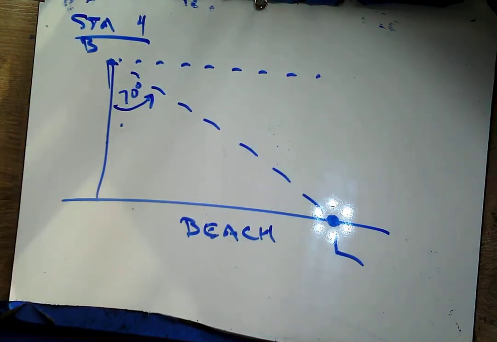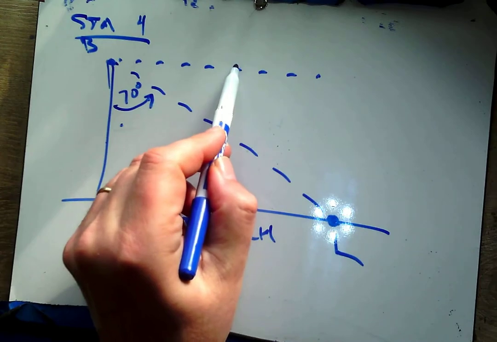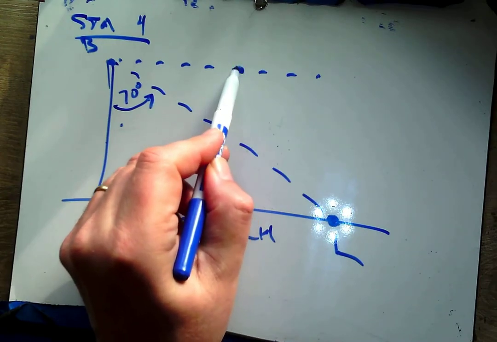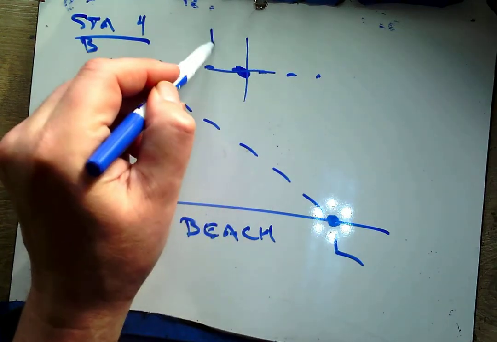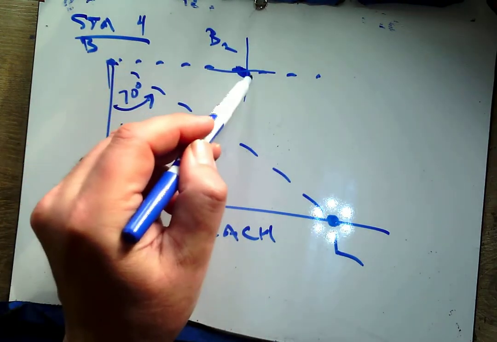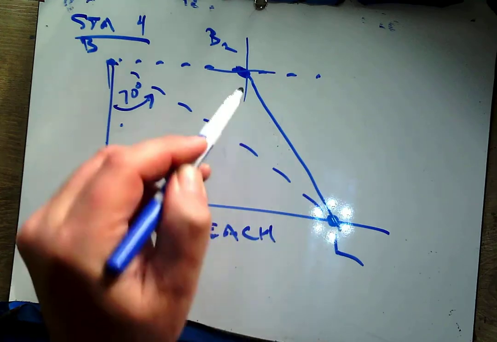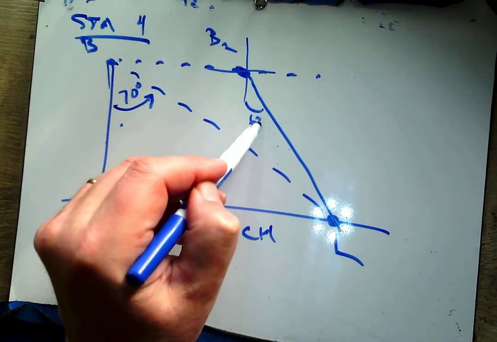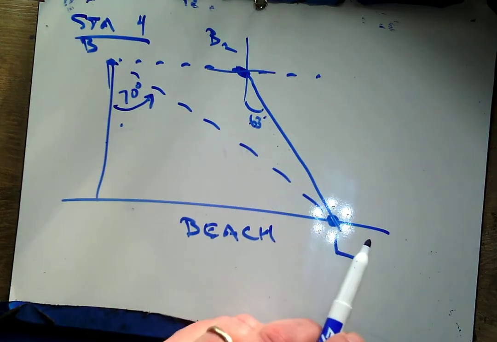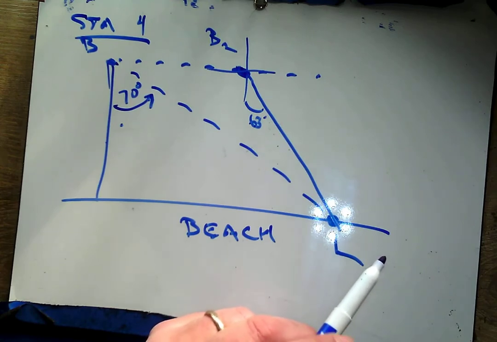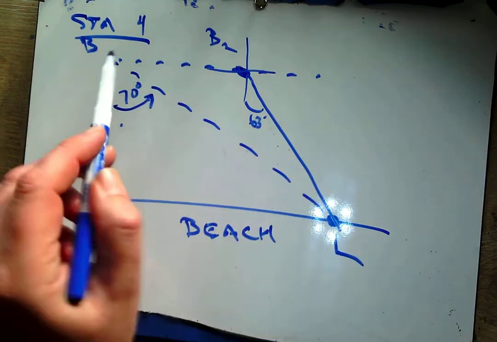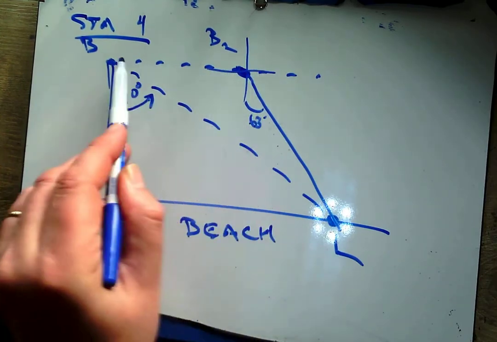Okay, but 10 minutes later, the ship checked its bearing a second time, and that's the second sighting, and the bearing was south 63 degrees east. And we're asked the question, how far is the ship from the beach? Well, that's interesting. I thought they were going to ask me this, but they didn't.